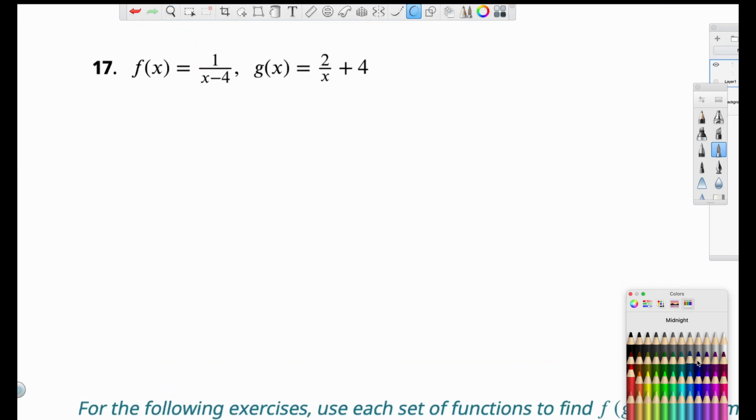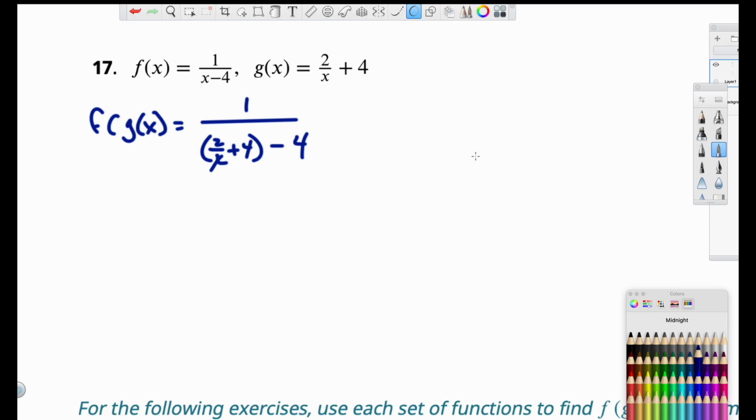Okay. f of g of x. So I'm going to write my f of x function. Instead of x, I'm going to just put parentheses. And what goes in there, we're going to say 2 over x plus 4.